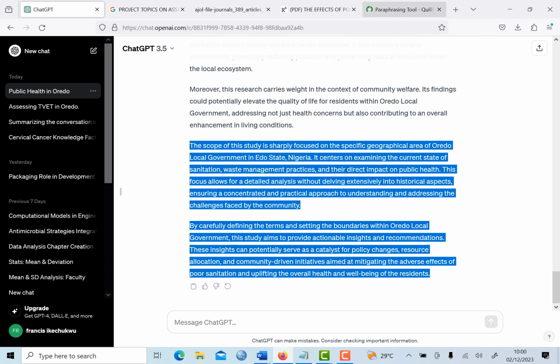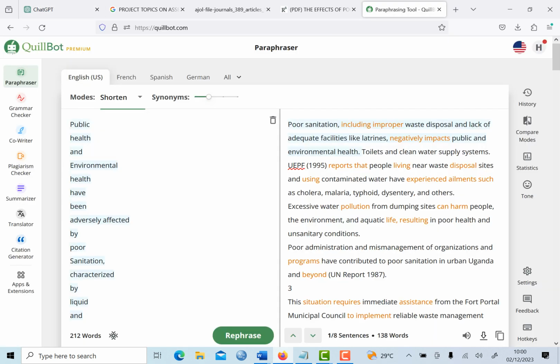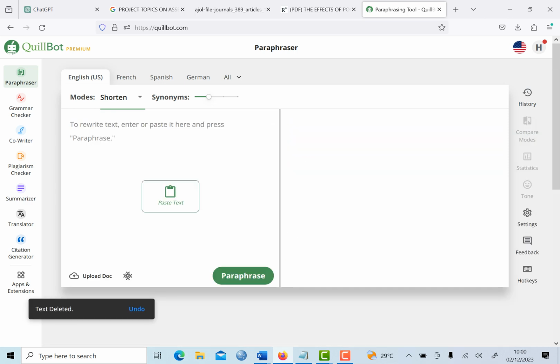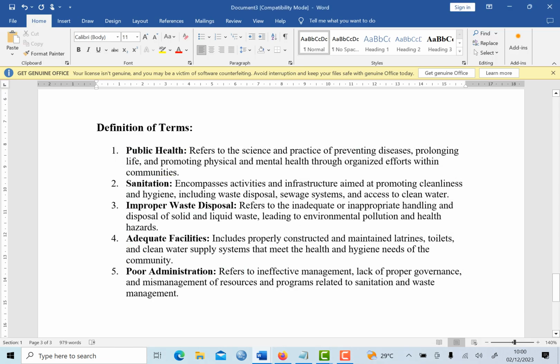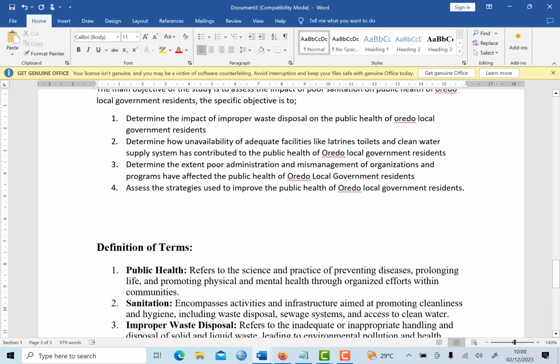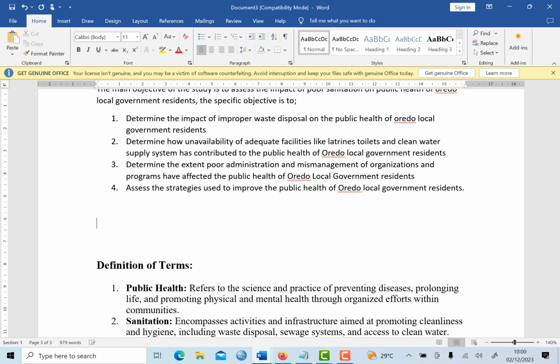Go to your paraphrasing tool. Make sure you paraphrase to avoid plagiarism.